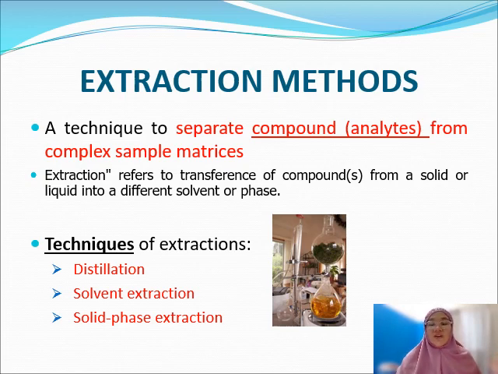We want to transfer the compounds from the solid particles into a liquid, a different solvent or phase. The solvent must be identified, whether it is a polar solvent or a non-polar solvent.